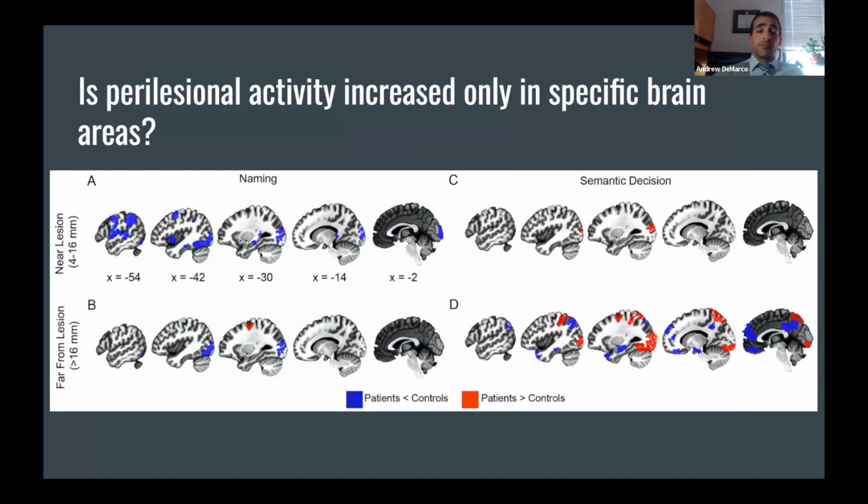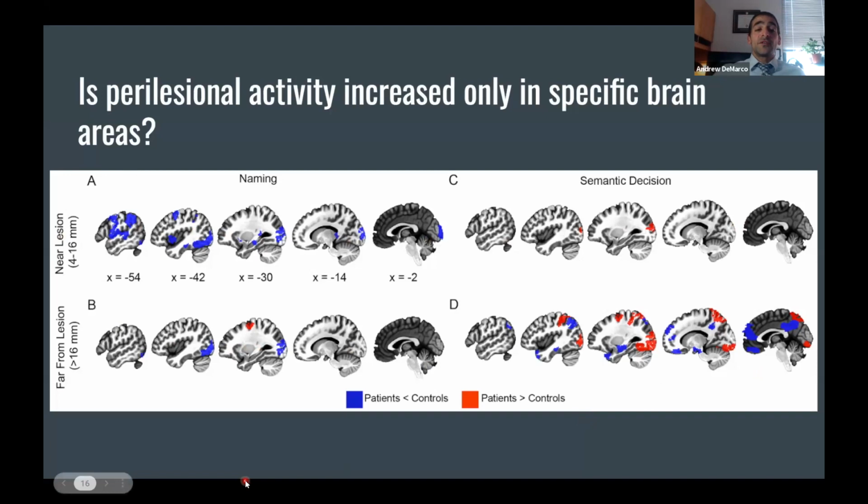And so for this, we took the brain, we broke it up into a bunch of parcels, and we tried to do this analysis at each parcel, again, for the naming task on the left and the semantic decision task on the right. And the top row now is results from near the lesion, and the bottom row is results far from the lesion.